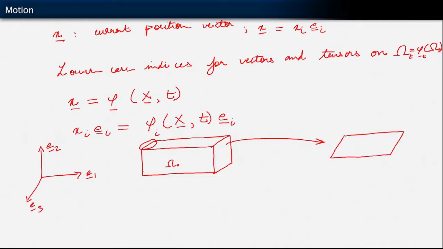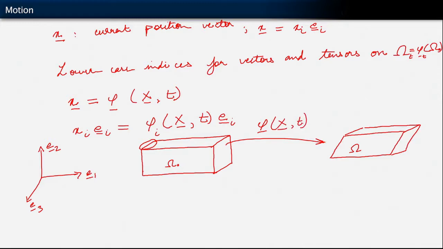What I'm trying to represent here is that the body is being sheared in that E1, E2 plane. So this is omega, and I have here the motion phi of X comma t.